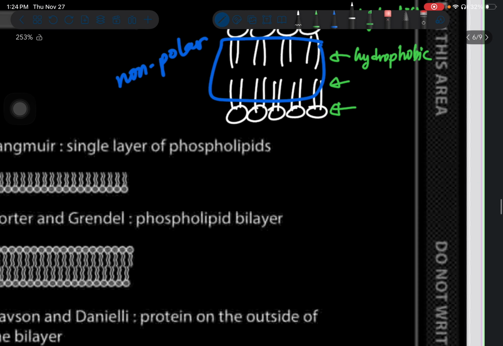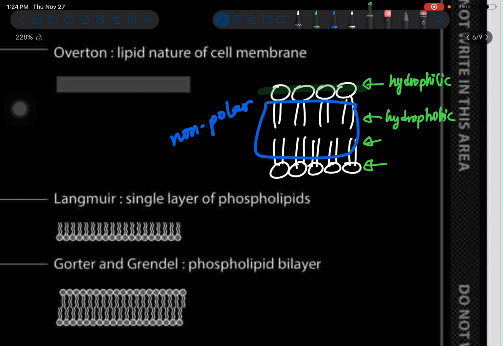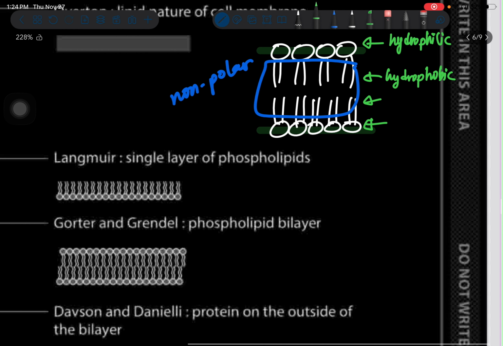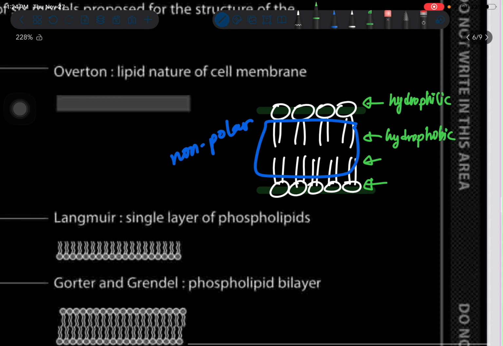Okay, let's get back to the structure I drew. If we look here, this entire layer and this entire layer is hydrophilic. So it will go towards the water or the aqueous environment. But the middle layers that we have here are hydrophobic. So they will always try to run away from the water or aqueous environments. If we have a cell and we have to have a membrane, the inside and the outside both will have water.